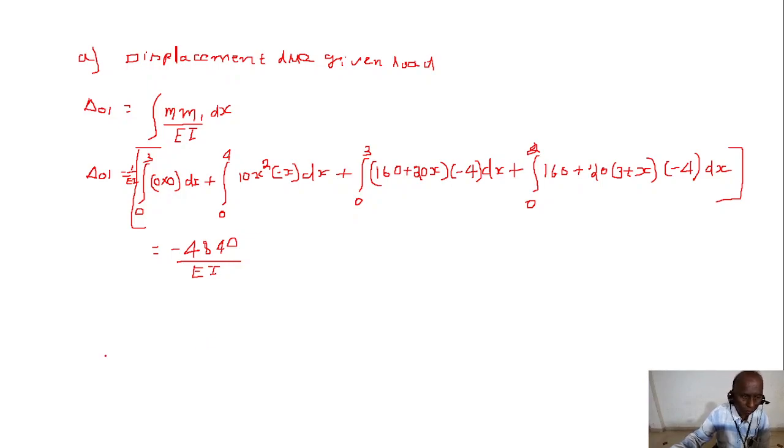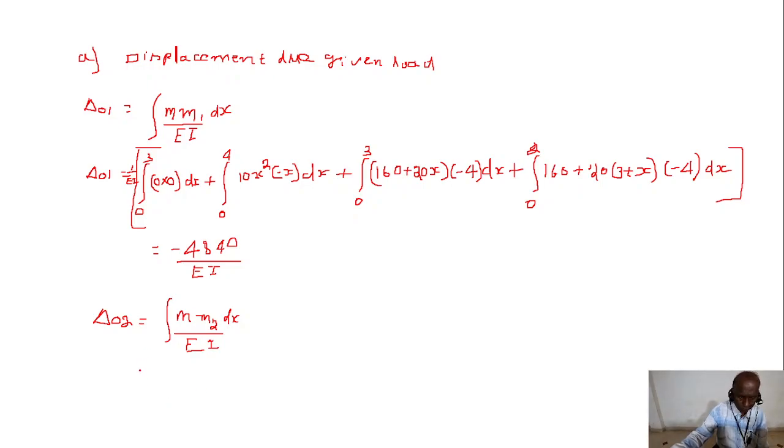Next, delta 02 in the direction of R2. This is also the integration of M into M2 dx by EI.